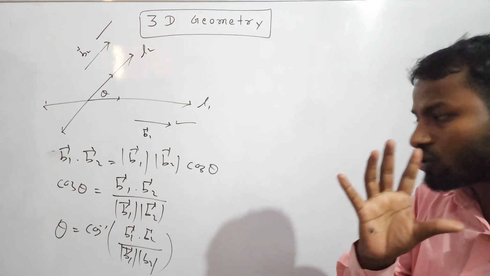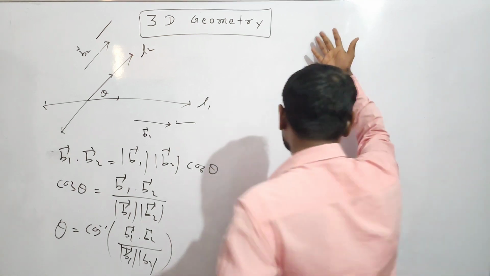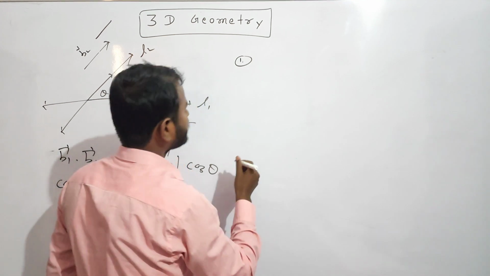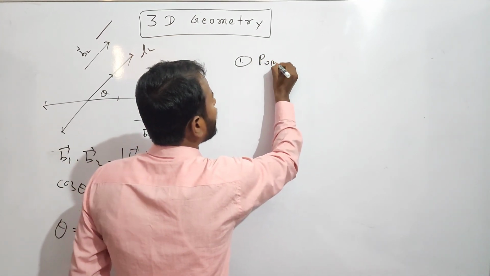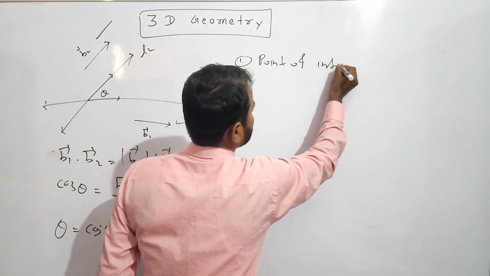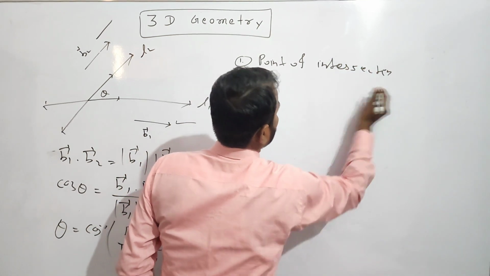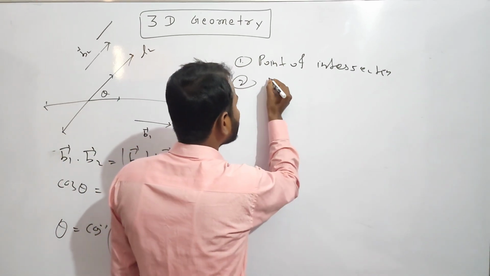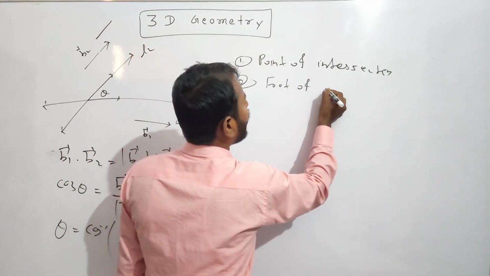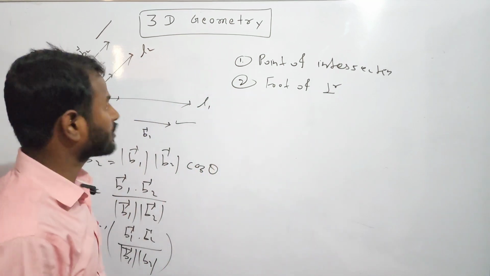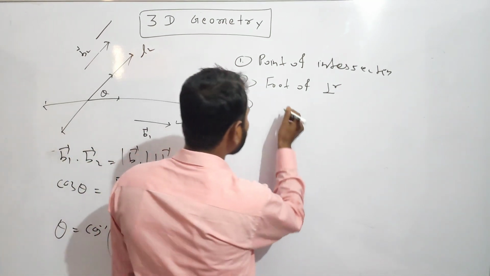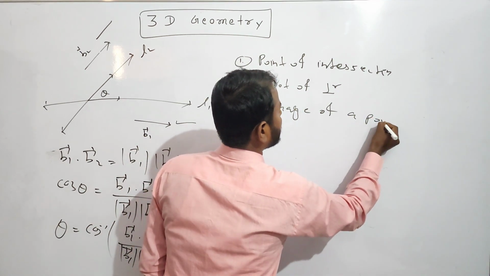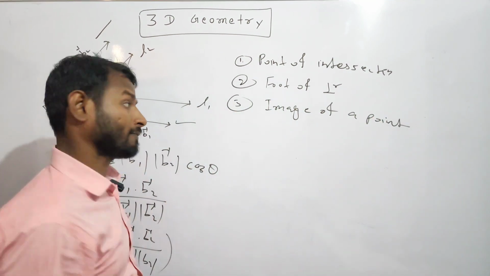By that single approach we can solve any question of all the next topics. The next topics are, first of all, how to find the point of intersection of two lines, or the foot of perpendicular, or how to find the image of a point with respect to a line.